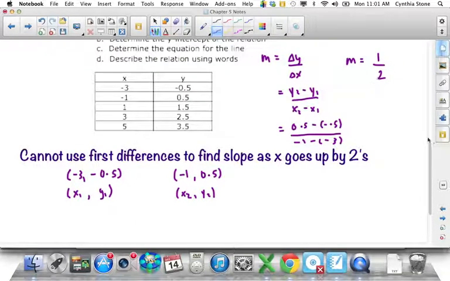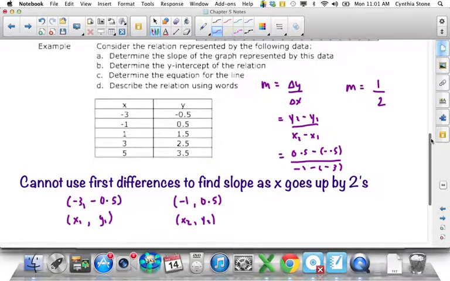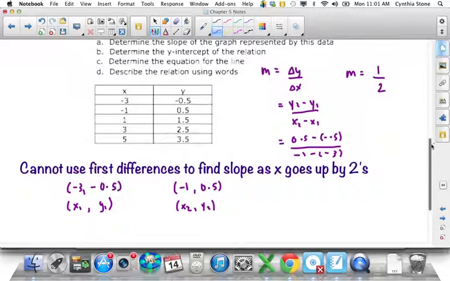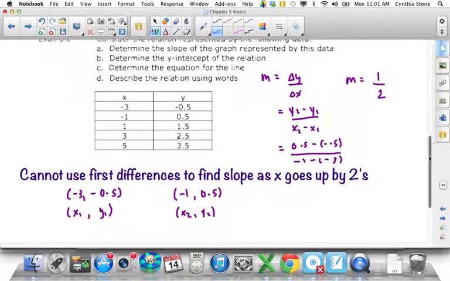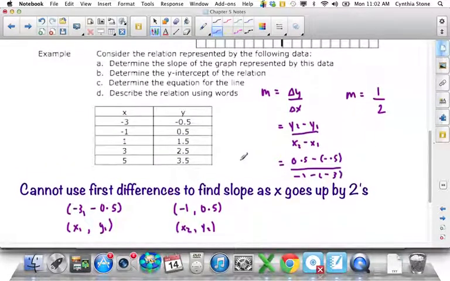Then it says to find my y-intercept. So this is a new skill, and this is fairly complicated, and I'm going to write down the strategy to find the y-intercept. Now, you know, it's different because you can do it a few different ways.